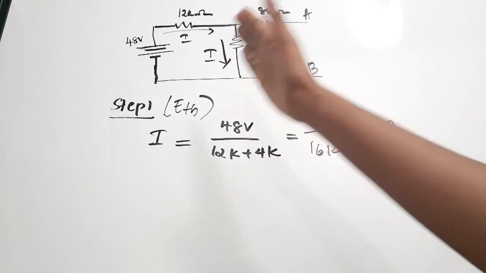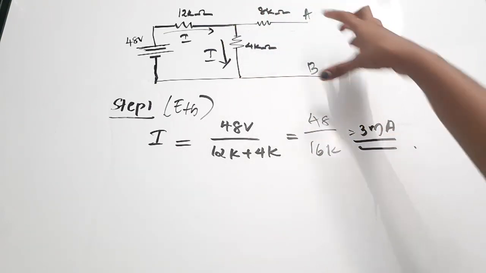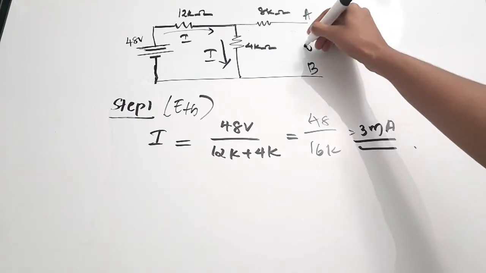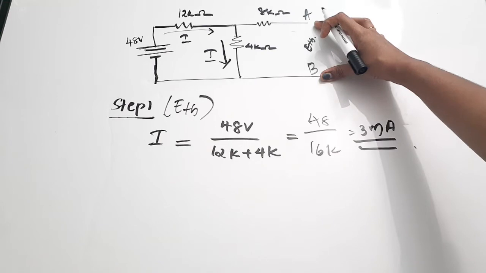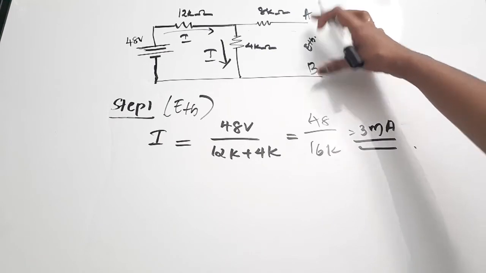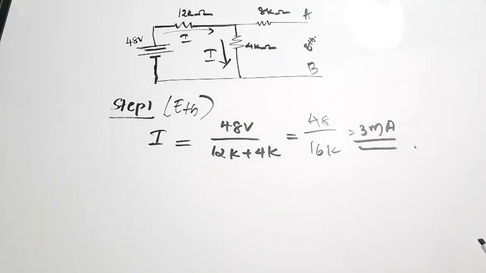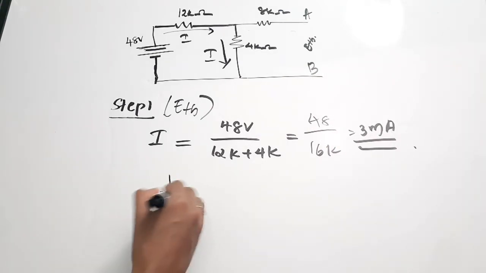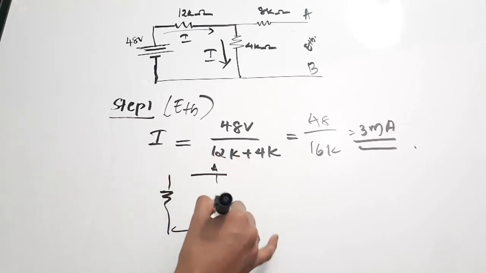Now, if you observe this circuit, you can see this AB and we'll call the voltage as ETH, right? The ETH, or the voltage in those portion, will be the same as voltage across this 4K, right? Because of the parallel connection. Consider two portions, there is an AB.